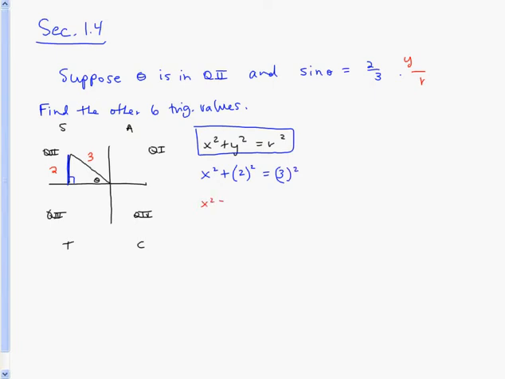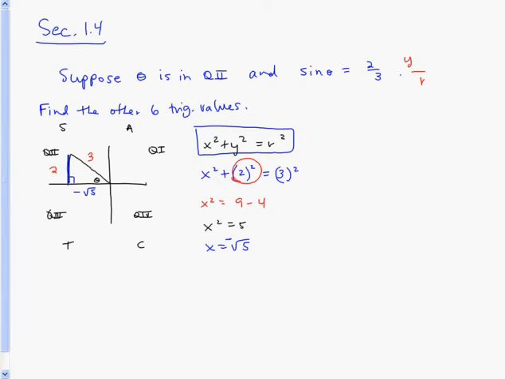So we have x squared is equal to 9 minus 4. I'm just moving it to the other side. X squared is equal to 5. So what we really want is x. It is the square root of 5. And noting we're in quadrant 2, this is going to be negative. So I'm going to mark this as negative square root of 5.